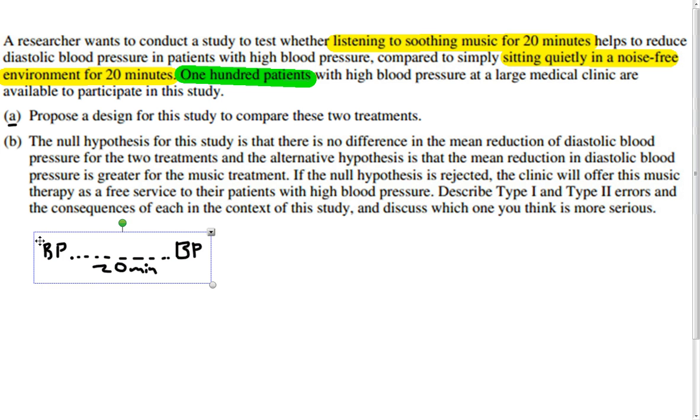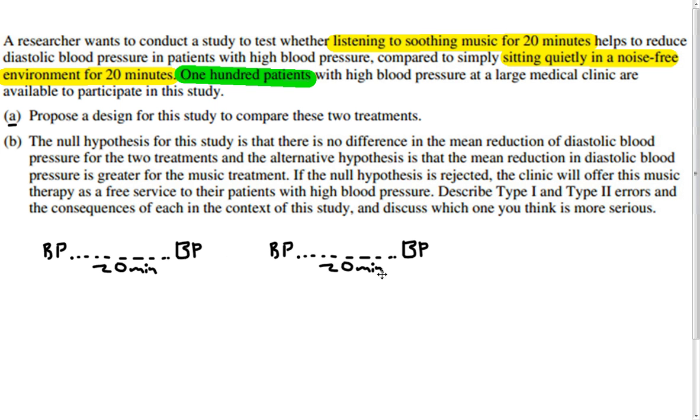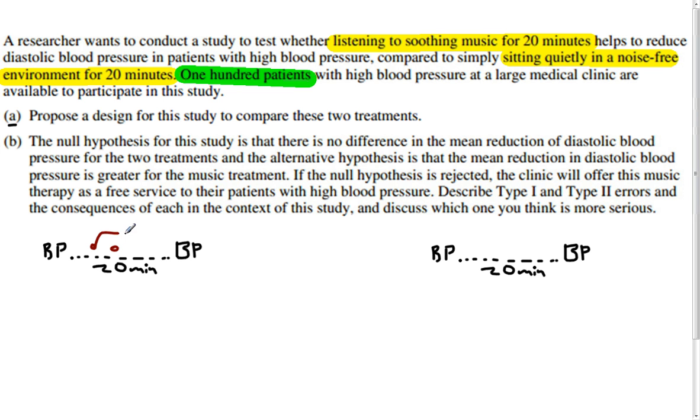and then let's go ahead and copy this, and on another day, this 20 minutes is going to be spent simply being quiet. So on one day here, we're listening to music, and on the other day, it's just silent.